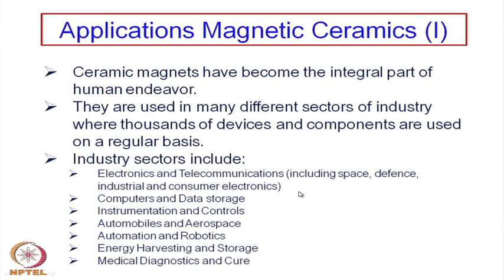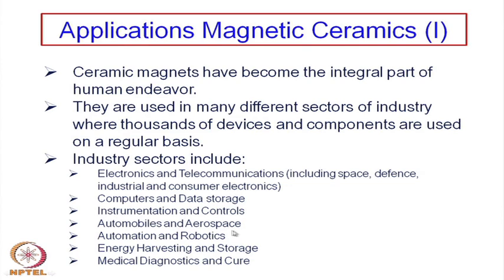So, the electronics and telecommunication area, including space, defense, industrial as well as consumer electronics. So, today's electronics, even microelectronics cannot be thought of, or one cannot think of microelectronic devices without a ceramic magnet. Okay. Thousands of different kinds of devices have been designed and are being used extensively. Computers and data storage, one example I just mentioned, how the data storage device, the compact discs work using the magnetic property of some of these important oxides.